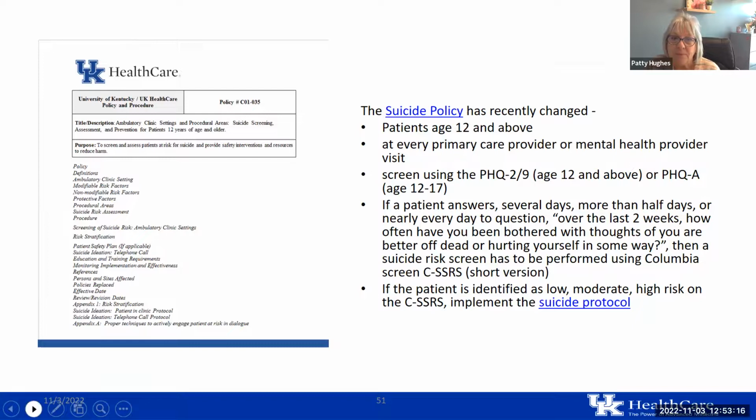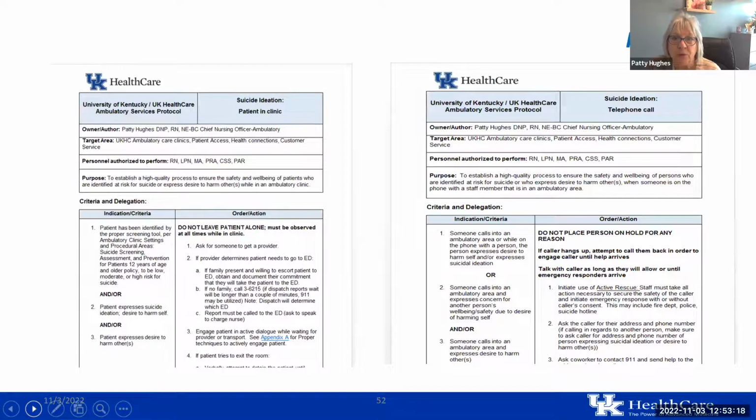Next slide. Here are two protocols that we have. As I said, we've had those in place since 2016, because we know that patients may indicate that they are suicidal, not just in the physician's office, but they may call and have those same conversations with our patient access team or one of our staff members on the phone.